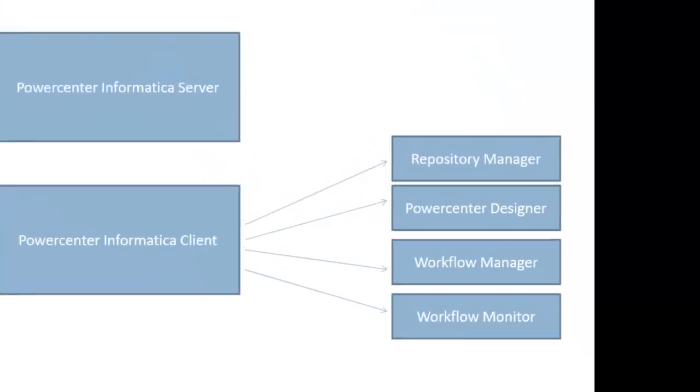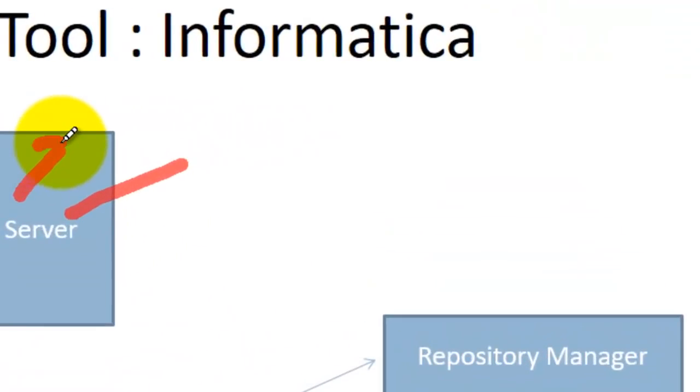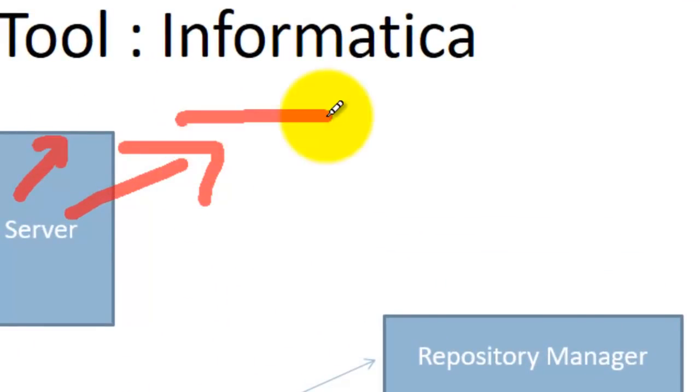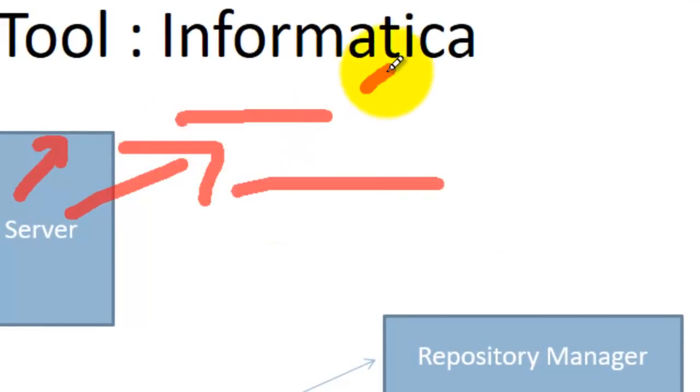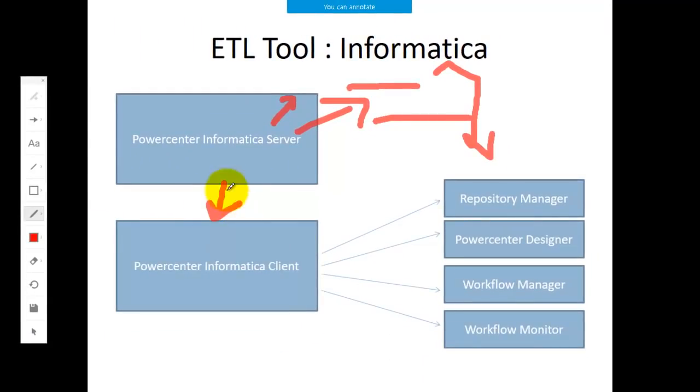In the same way, we have multiple services related to the server, like the repository services and integration services, that we link with our Informatica client that we'll use further. So this is how our Informatica will look. These both are linked.